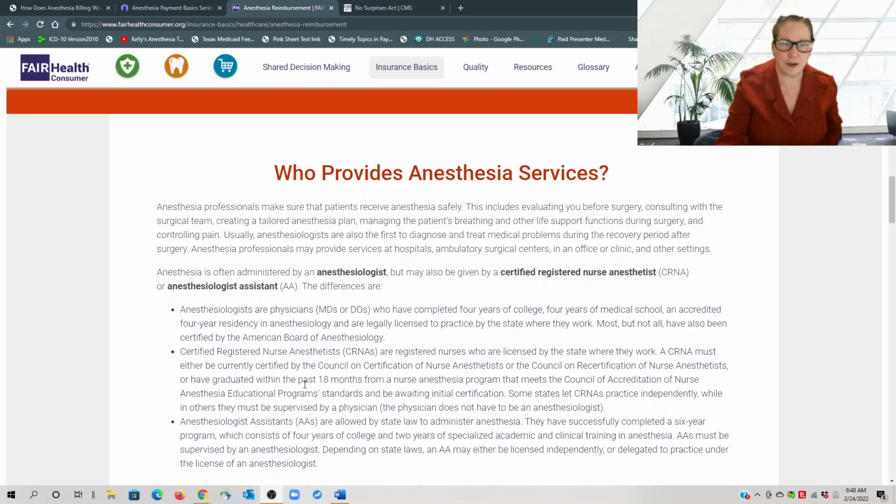Now, this does not mean that you should be billed double for your services, because the payment amounts, we call them payments, insurance companies call them reimbursements, are divided sometimes equally between the two providers in the same amount as they would have paid one provider. Again, that is either a physician or a nurse. They call them providers because they provide your anesthesia services.